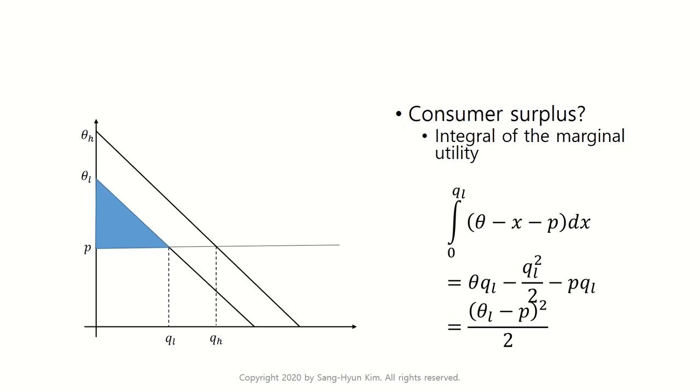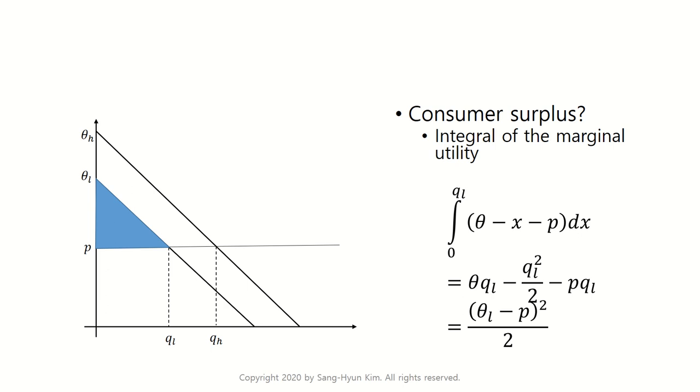Just one more thing about consumer surplus. From the demand function, you know how to calculate consumer surplus. Consumer surplus is the area of the triangle. For example, the area of this blue triangle is the consumer surplus of the low type consumer for a given price P, right? But you can understand it in a slightly different way by integrating the first order condition of the consumer's maximization problem.